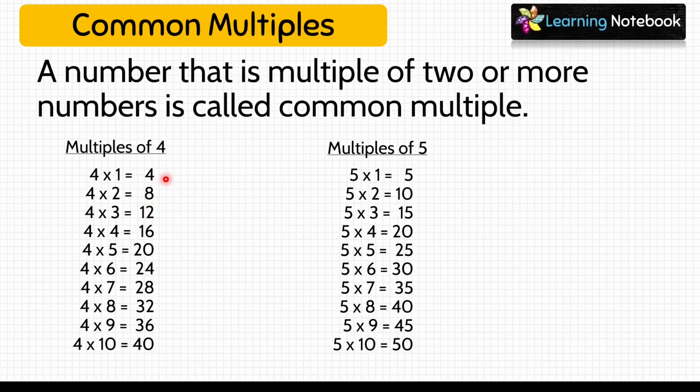You will find that 20 is a multiple of both 4 as well as 5. Therefore, 20 is a common multiple of 4 and 5. Similarly, 40 is a multiple of both 4 as well as 5. So 40 is also a common multiple of 4 and 5.